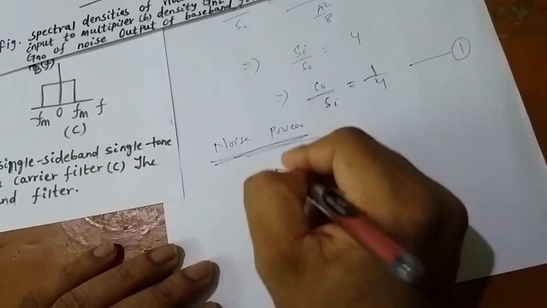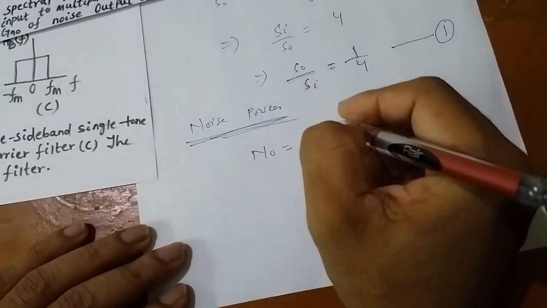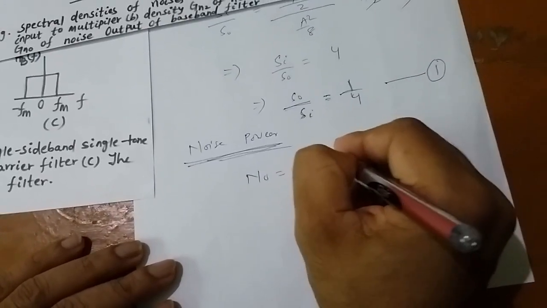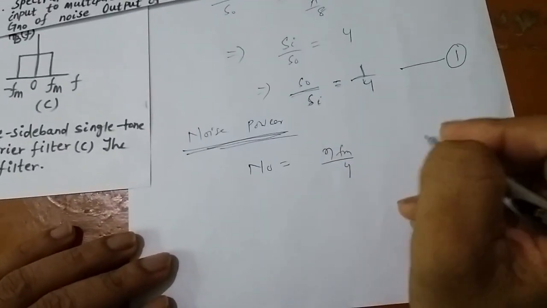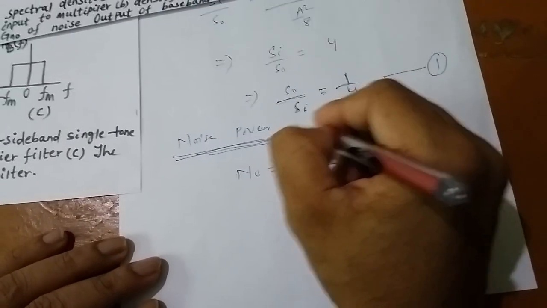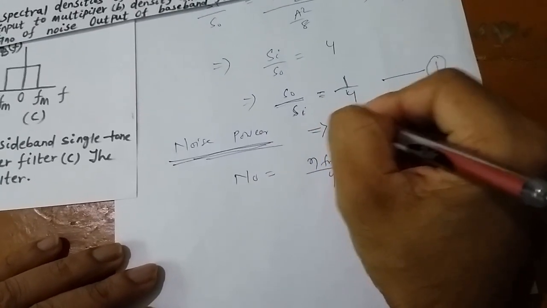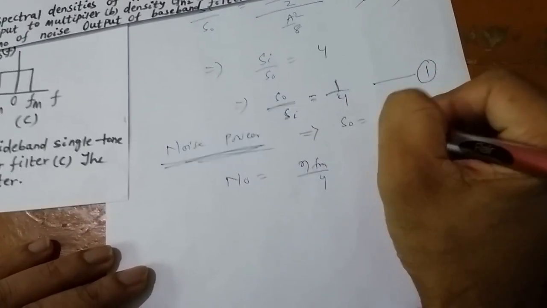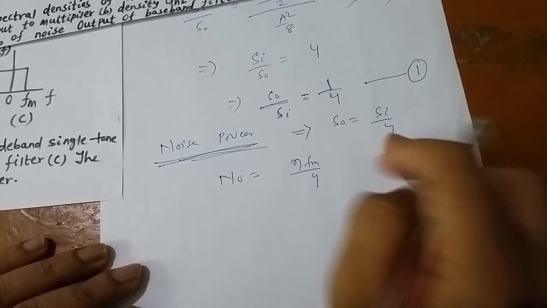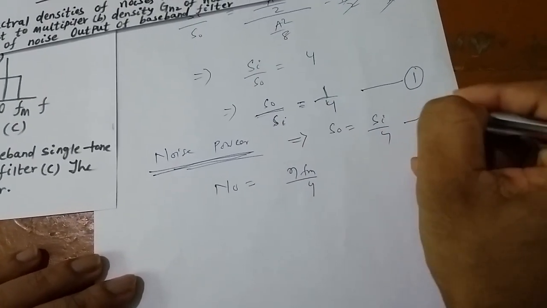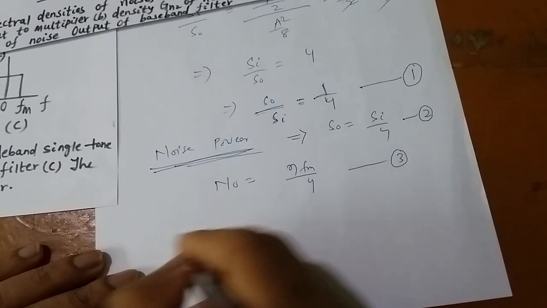So now the noise power is eta fm by 4. Now from equation 1, S0 equals Si by 4. Let's call this equation 2 and the noise power equation 3.